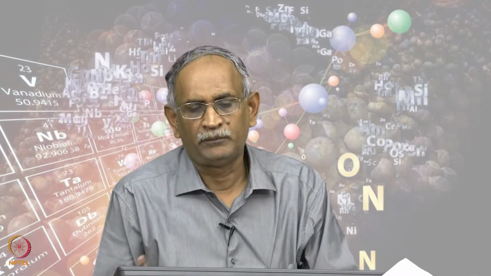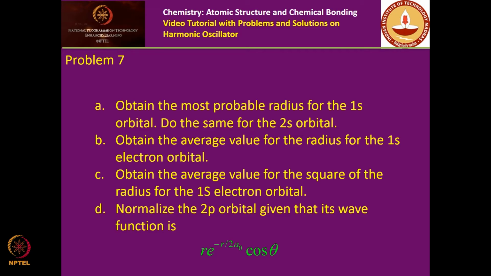We do the 1s electron because it's the simplest radial function, but the calculations involving 2s and 3s or all the others are exactly the same as the calculations done for 1s. And the last is, of course, to give you an idea how to normalize an angular part, by taking into account the non-zero angular part in a 2p orbital and obtaining the normalization constant. So let's do one by one.